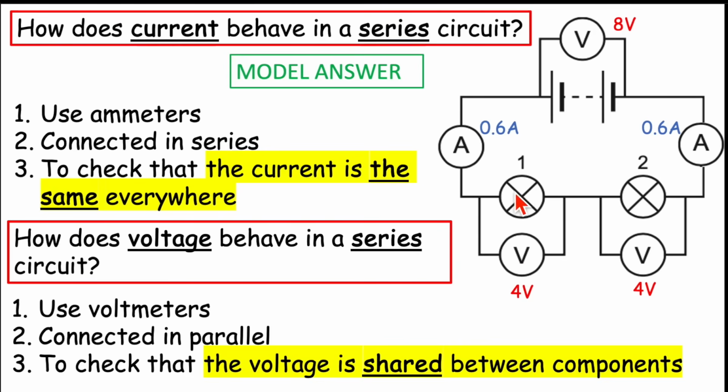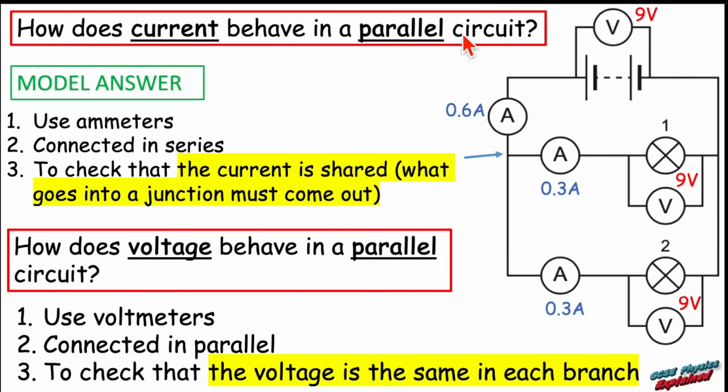So if this resistor was the same as this resistor, then you'd have a 50-50 split of the original voltage, 4 volts and 4 volts. If this voltage was slightly more, it would mean that this resistor was slightly bigger than that resistor. I know this is showing you the bulbs, but each bulb's got a little bit of resistance.